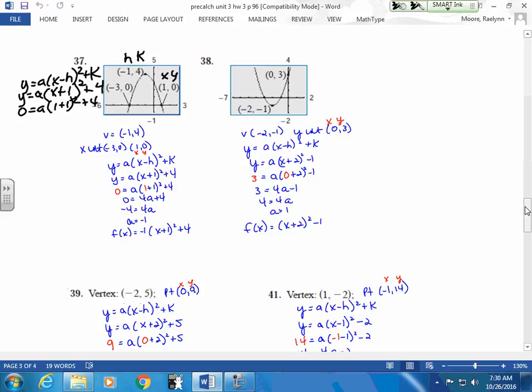So 1 plus 1 is 2. 2 squared is 4. Subtract the 4 and divide by 4. And then just plug it into this piece right here. And you can put a negative 1, you don't need your 1. And there's your equation.